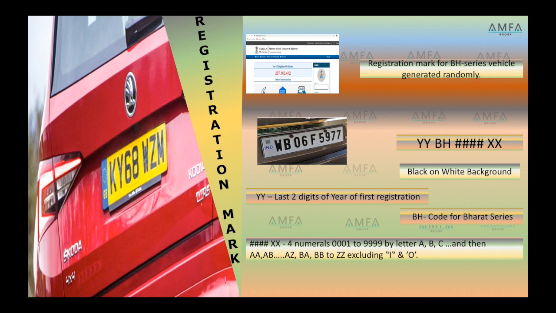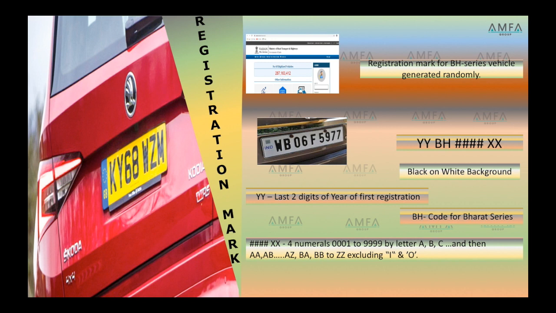Then the 4 spaces are for numerals from 0001 to 9999, and XX stands for the letters. Then 2 spaces for the letters.